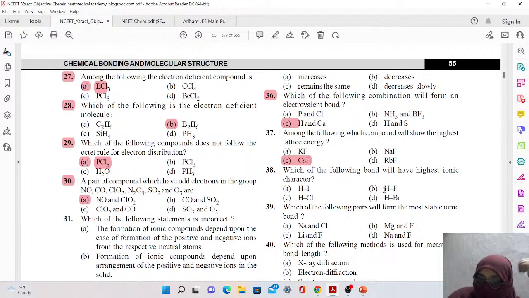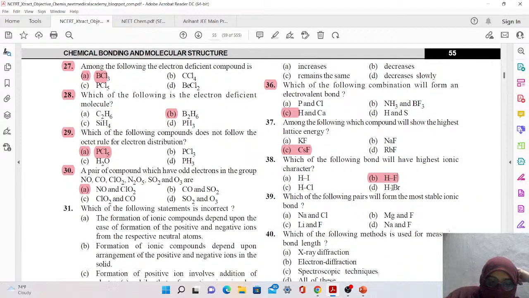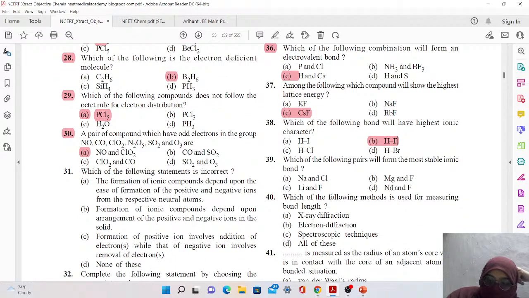That means the answer is HF. Even according to dipole moment, more electronegativity means more dipole moment. So the answer is HF according to dipole moment and also according to Fajans rule. Right? Hope you are getting this.